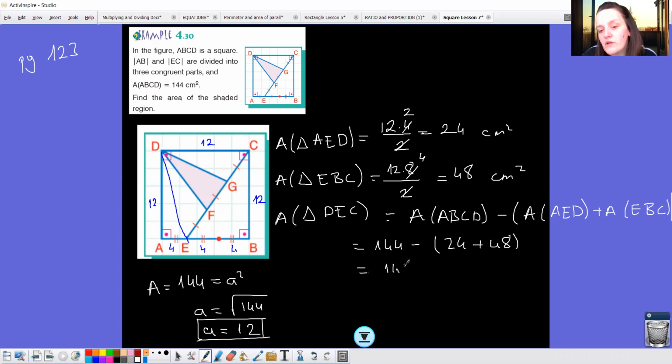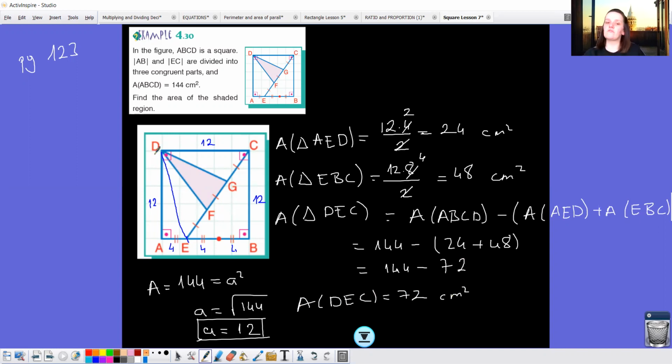So this will be 144 minus 72, and the final area of DEC is equal to 72 centimeters square.